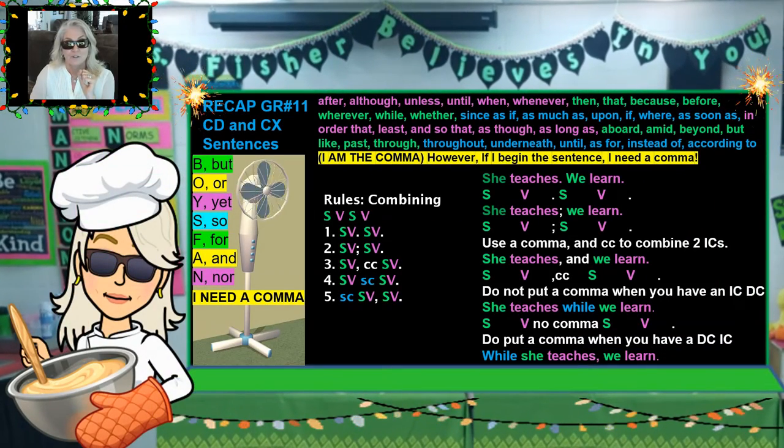We learned how to put together sentences, combining them into compound and complex sentences. Compound sentences use but, or, yet, so, for, and, nor, with a comma always before those. Complex sentences use these words that you see up here, and if the word is in the middle of the sentence, it becomes the comma. If it's at the beginning of the sentence, we have to put a comma between the subject and verb connecting it.